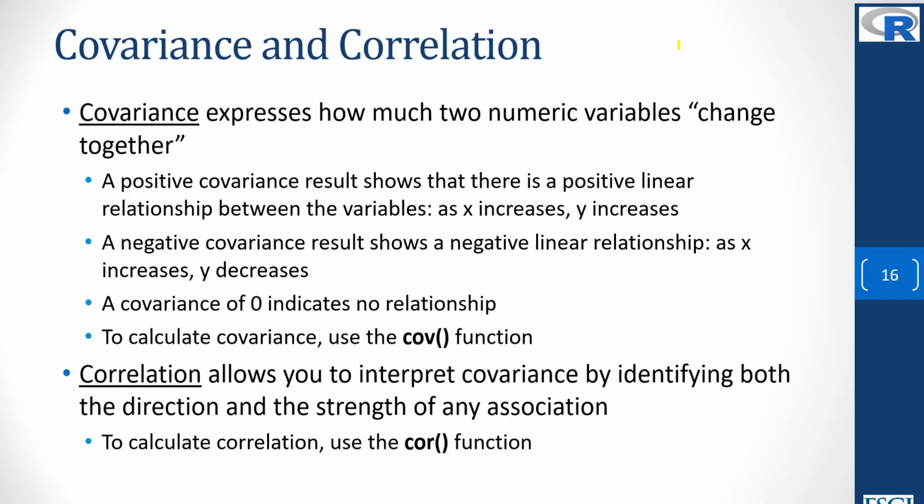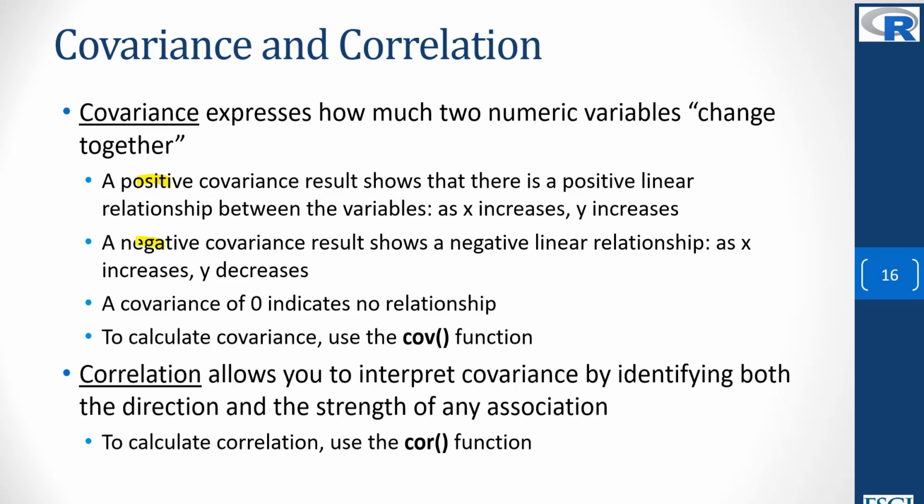Covariance and correlation are two summary stats that we use to examine the relationship between two variables. Covariance describes whether there is a relationship or not, more of a yes-no question. We'll get a positive value that indicates there's a positive relationship. In other words, as one variable increases, the other also increases.